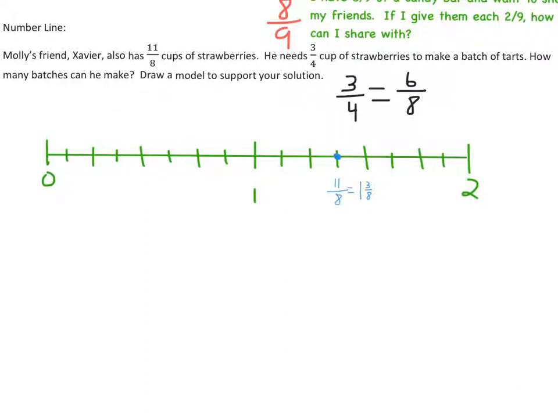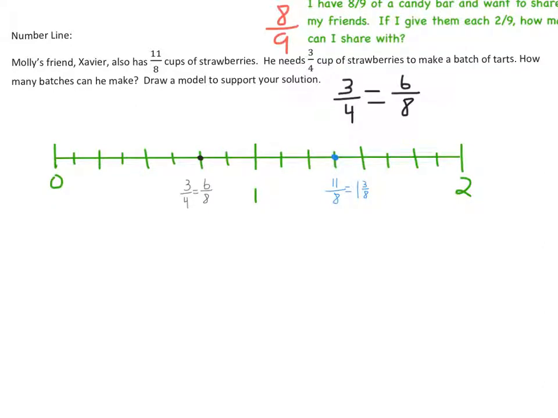Or I could also just try to visualize the fourths. When I first broke my number line up, I did my whole numbers, then I split it in half, and then I split each half in half, which of course made fourths. So I can notice that every 2 spaces is a fourth, and every 1 space is an eighth.